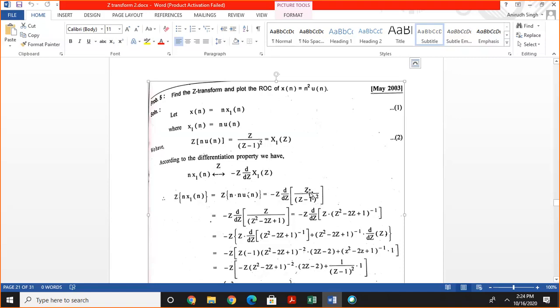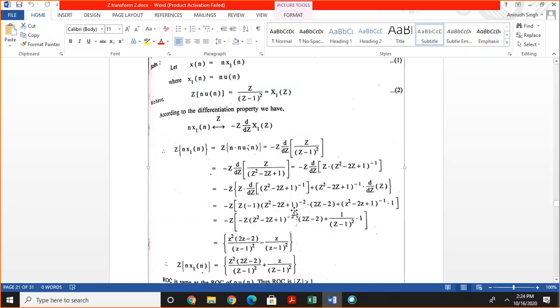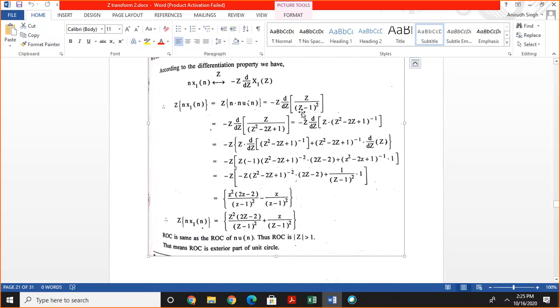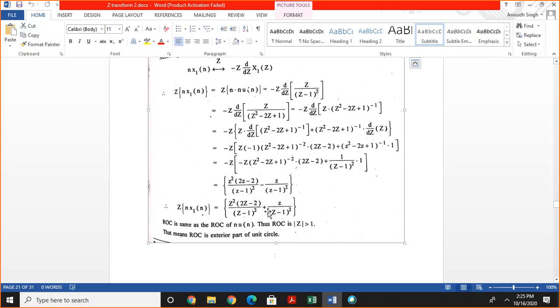So if we put the value of X1(z) in this formula, we get minus z d by dz multiplied by z divided by (z minus 1) whole squared. And if we differentiate this term with respect to z, we get this expression.